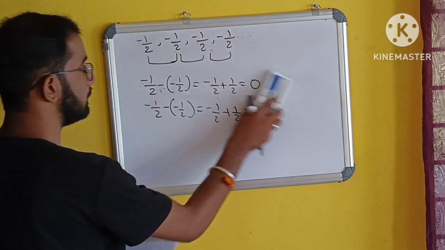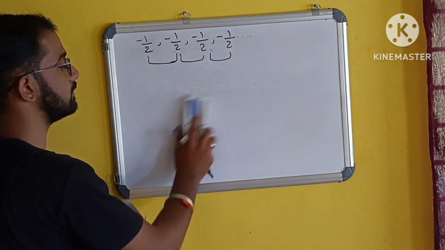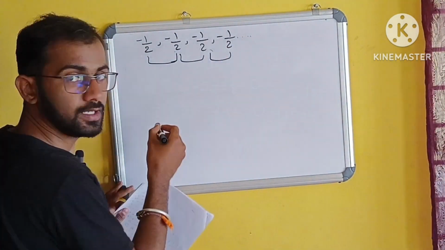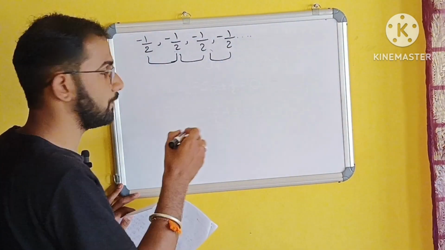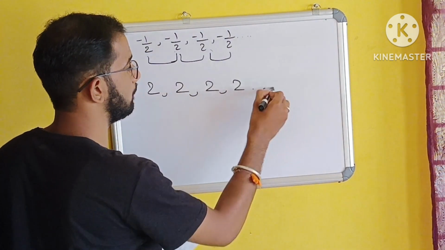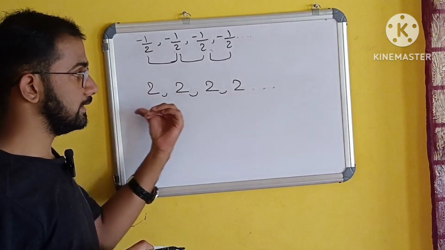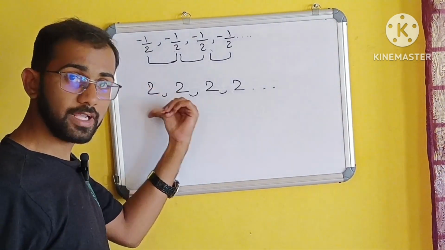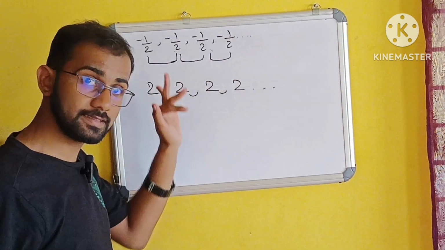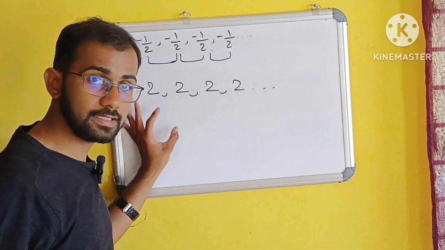So let's consider a similar example for better understanding. That is, if you consider 2, 2, 2, 2, this sequence must be an arithmetic progression. Why? All the terms in this sequence are the same.